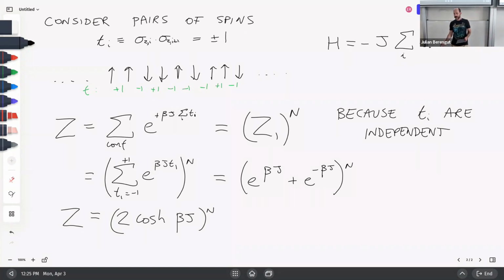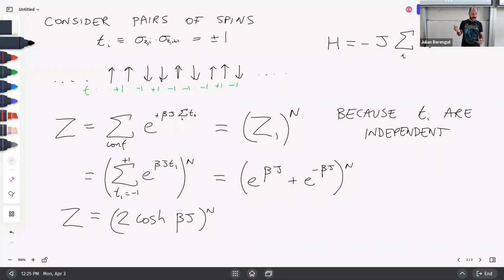By changing the variables from the spins to the pairs of spins, I am mapping the coupled spin system to an uncoupled pair system. So it makes it a lot easier. Once I know that I'm just summing over the pairs, it makes my life a lot easier. It's a little trick. And now I've got the partition function. I'm now back to the paramagnetic case that we did last week.